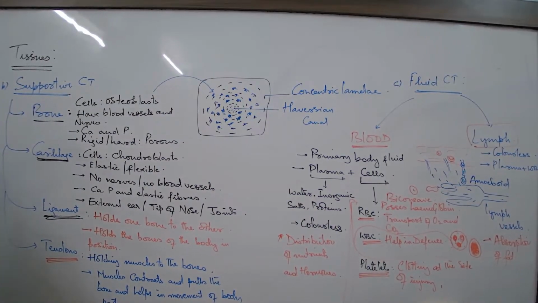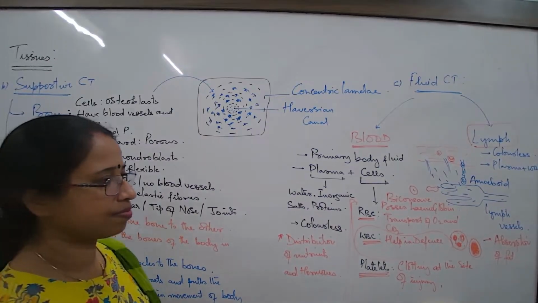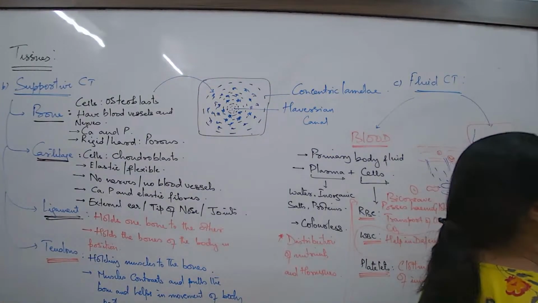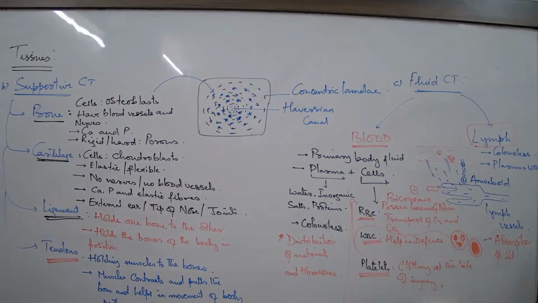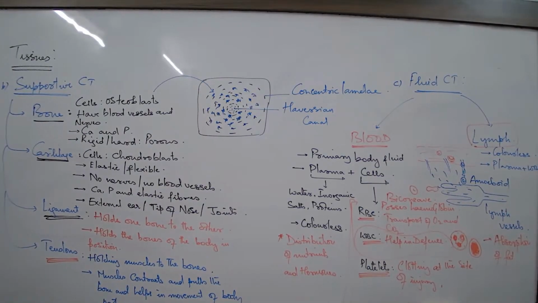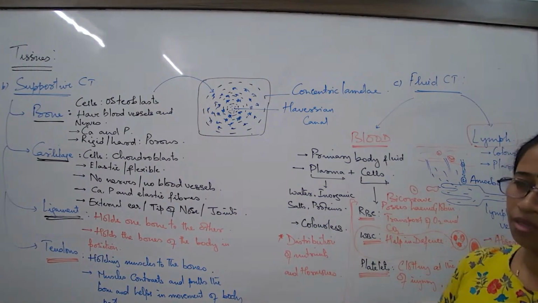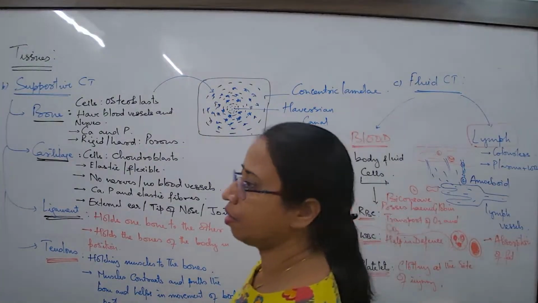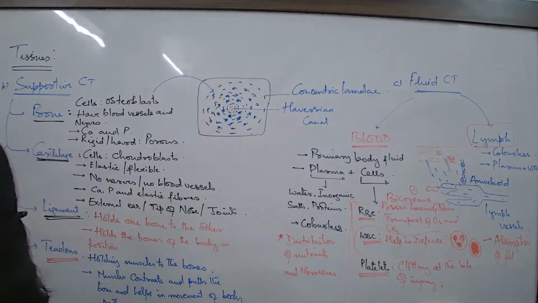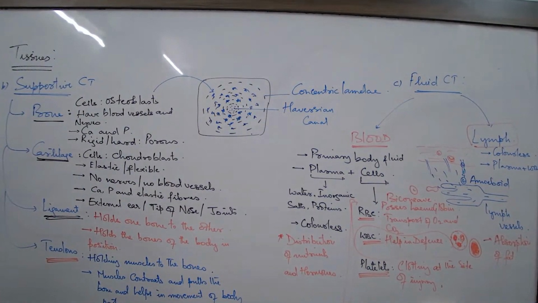Second point. Blood consists of plasma and three types of cells: RBCs, WBCs and platelets.